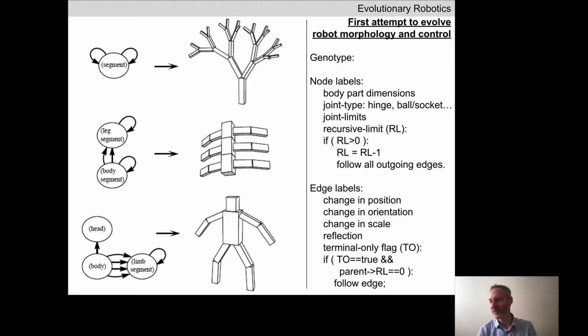So I'll give you another 30 seconds or so, and then if anyone wants to try and verbally describe what their graph looks like, that would be great.